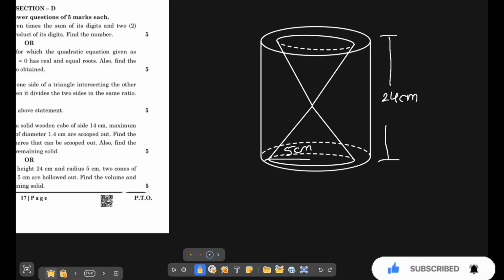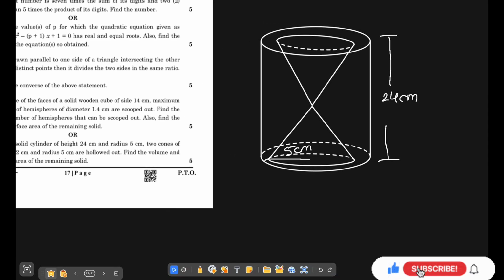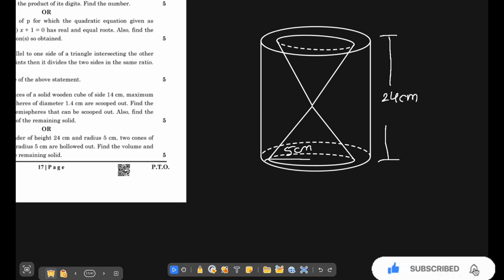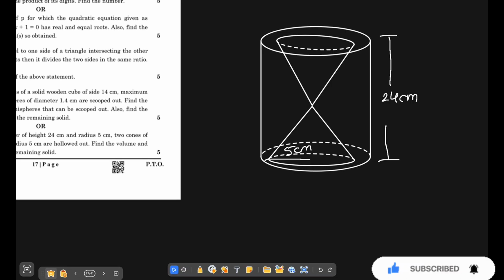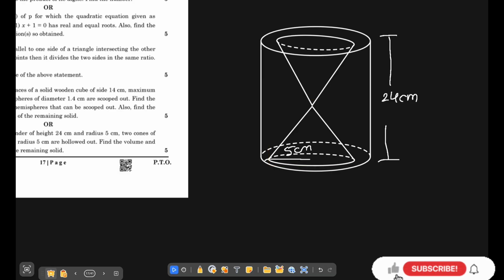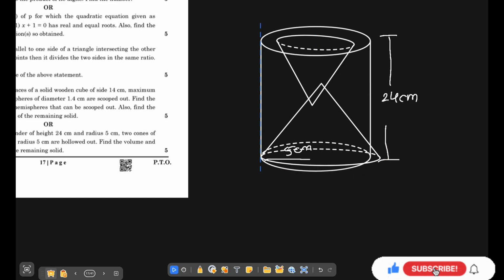So two cones, each cone height 12 and radius 5. This cone's radius is equal to the radius of this hemisphere, right? Cone's radius is equal to radius of hemisphere.